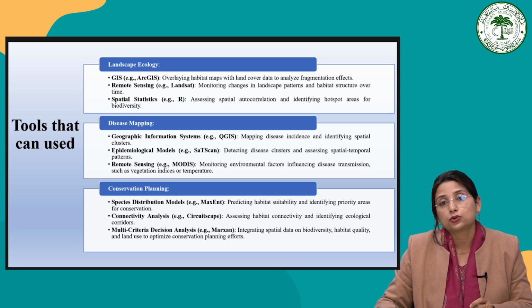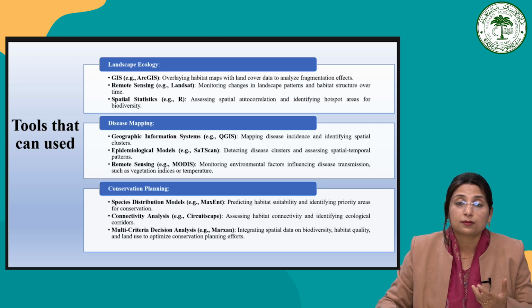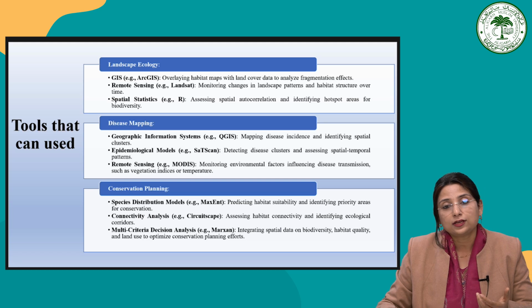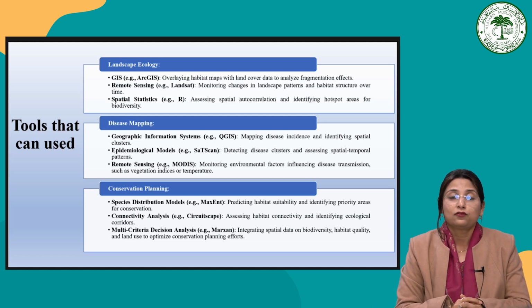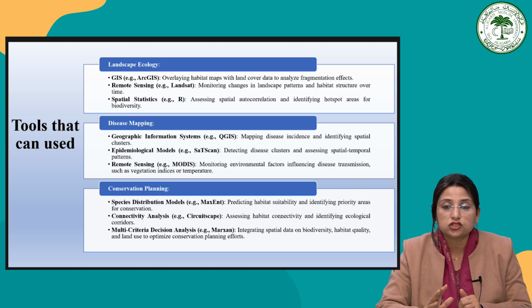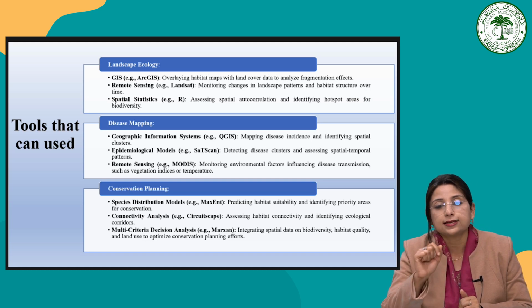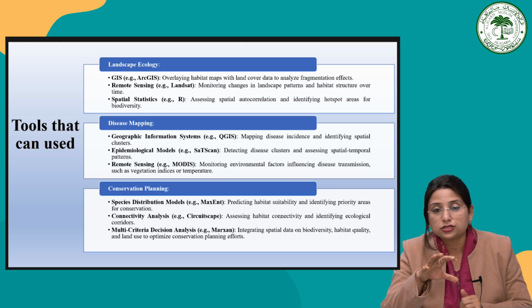GRASS GIS also has certain functions like the image processing function, which is very important, one of the functions which offers capabilities for analyzing remote sensing imagery, where we can use this tool to classify the land cover of a particular place, and even detect changes in land cover with time, and extract various environmental variables from the satellite data according to our needs. So the image processing function is very important in analyzing spatial phenomena, spatial data.